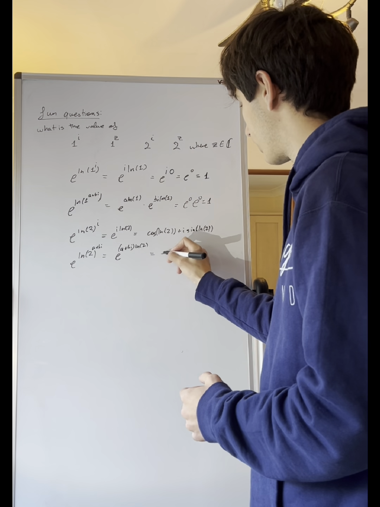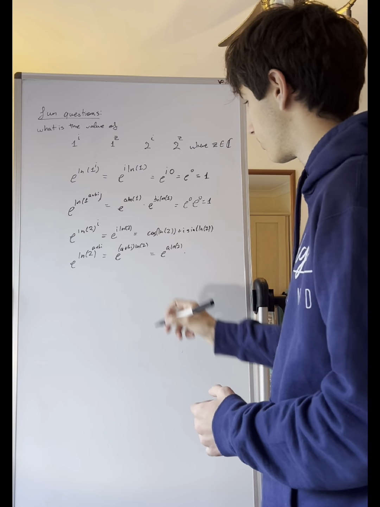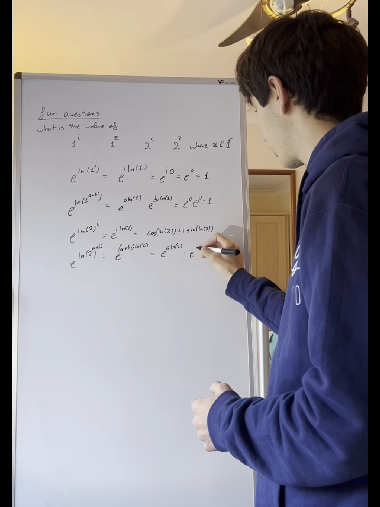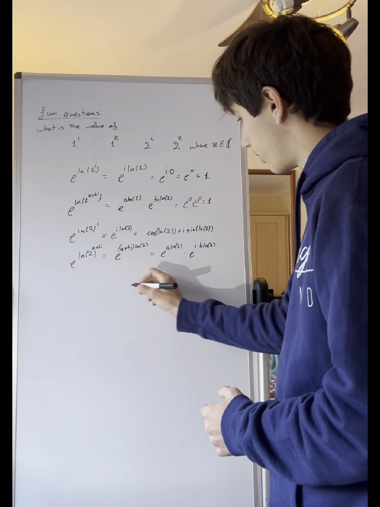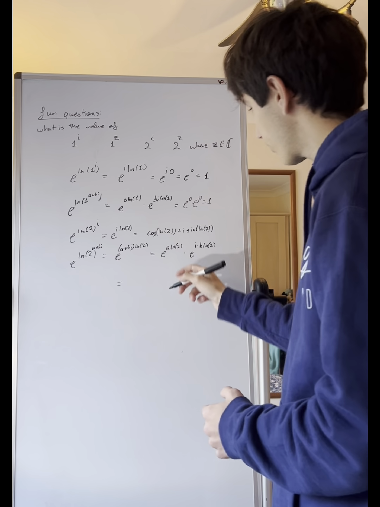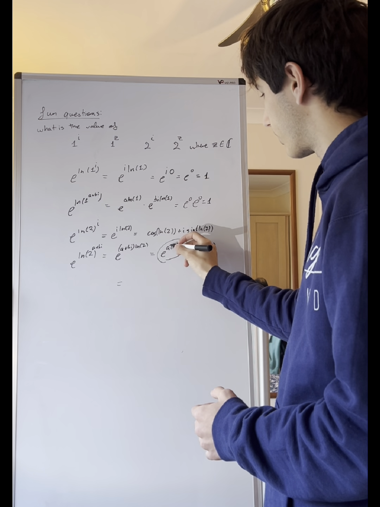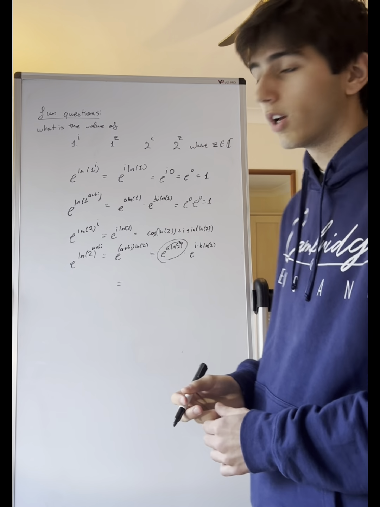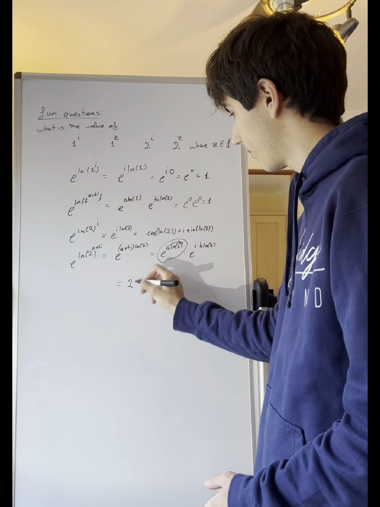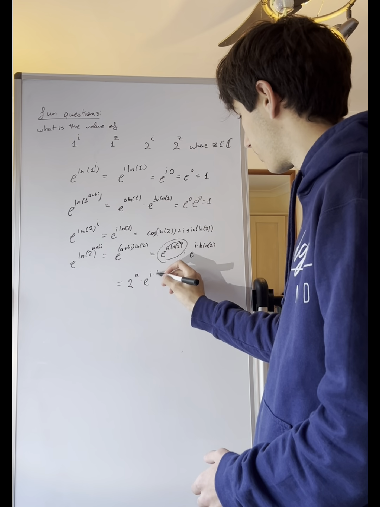So this is going to be e to the a natural log of 2 times e to the bi, so e to the i times b natural log of 2, which, if we bring up the a into the exponent of 2, just becomes 2 to the a, right, times e to the i times b ln of 2.